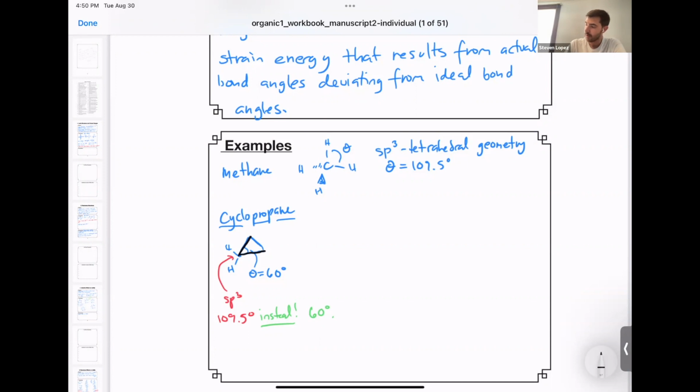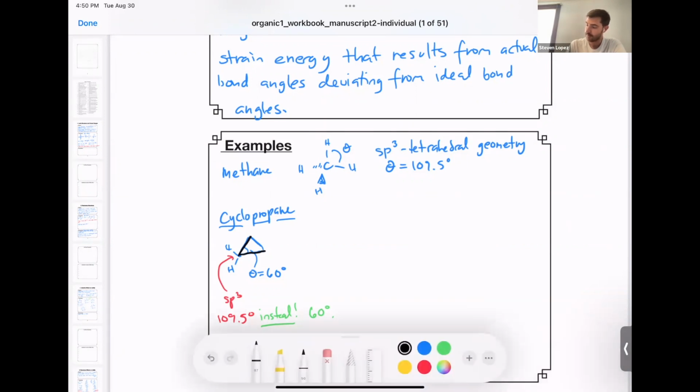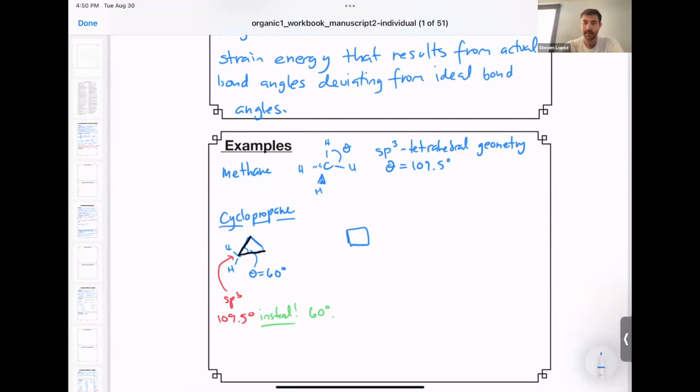Let's now compare cyclobutane. All right, so cyclobutane is effectively a square. Its real conformation is known as a butterfly conformation, but we're not going to talk about that today. That'll be in lecture. This angle, if it was a square, would be 90 degrees.